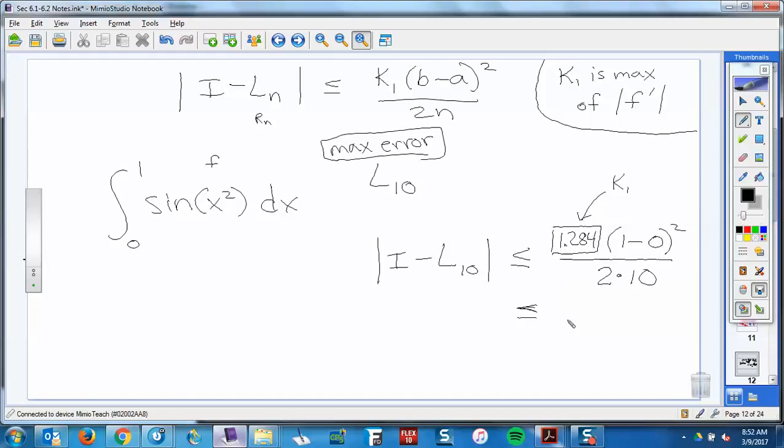What do you get? 0.642. What does that tell me then about my L10 approximation? So I could go on my area program and find my L10 approximation, right? And what would this error bound tell me? How many decimal places do I have that are accurate in that L10?